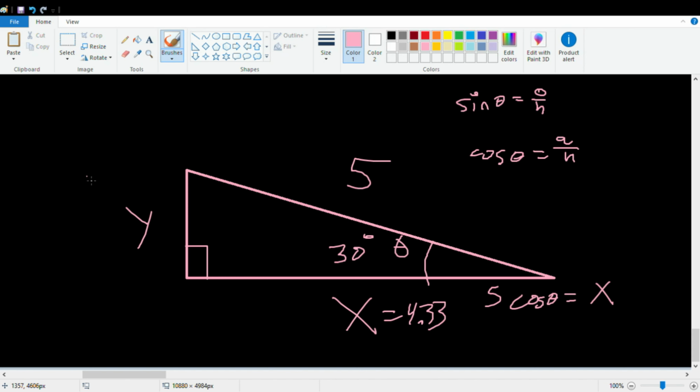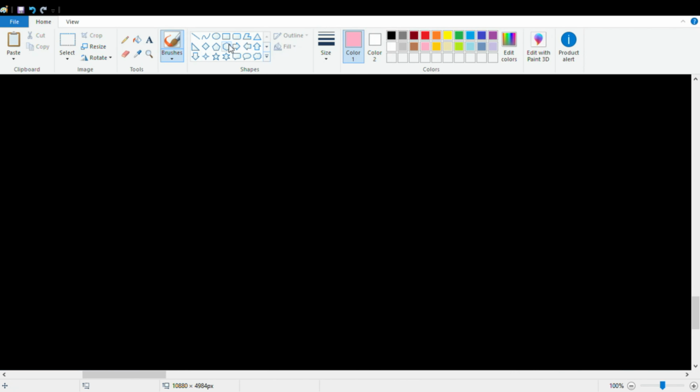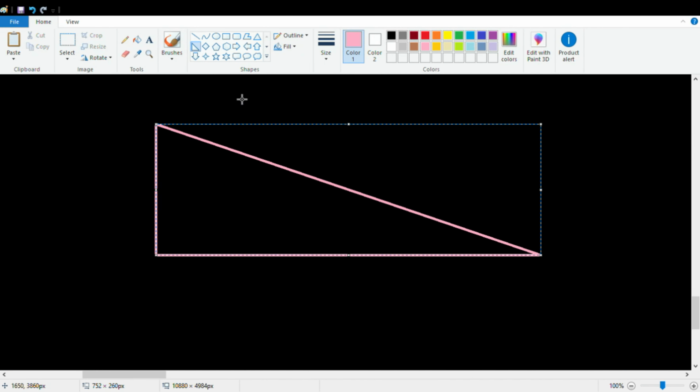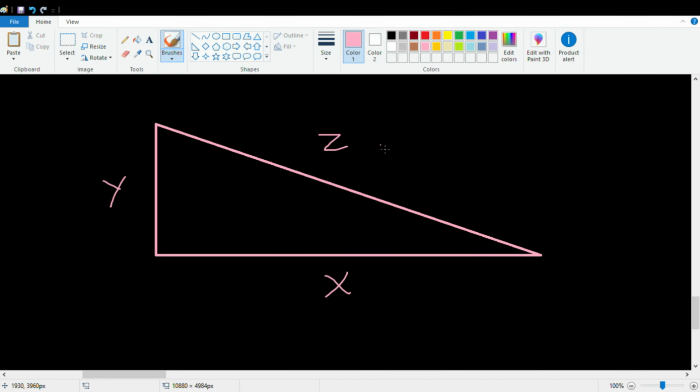Yeah, so let me just make a general little thingamajig here. Let's call this x, y, and z, and this is our given. So x is going to be, oh yeah, our theta. This is going to be z cosine theta, and this is going to be equal to z sine theta.